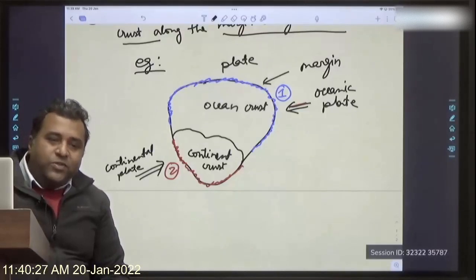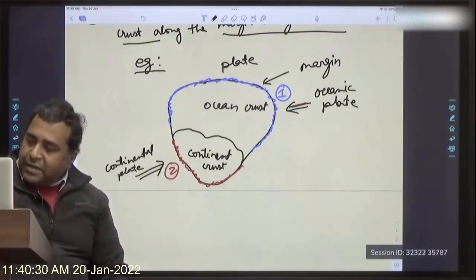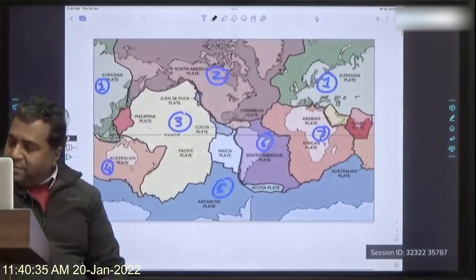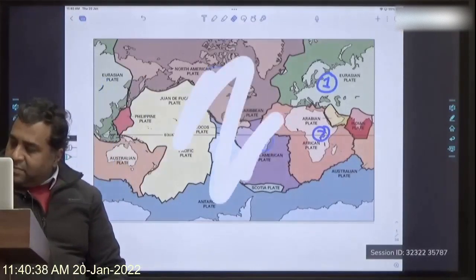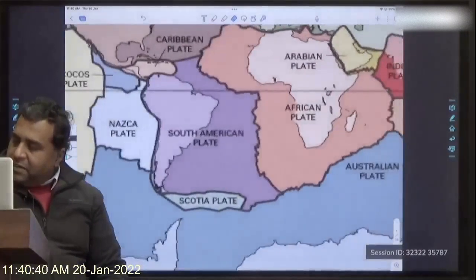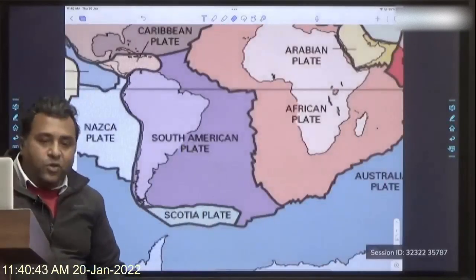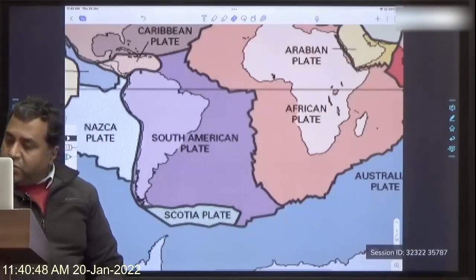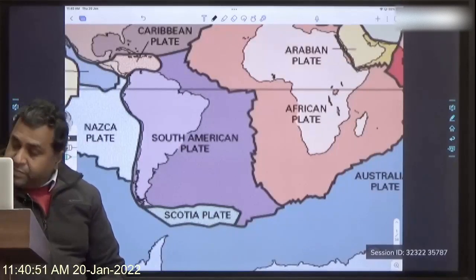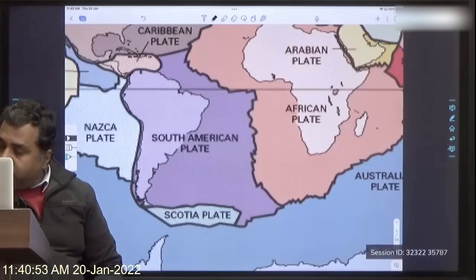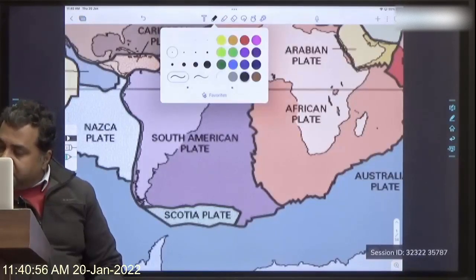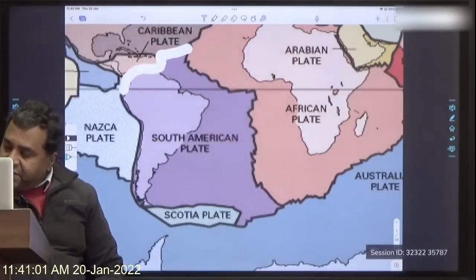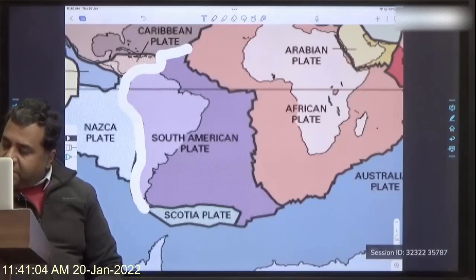Right now, let me ask you a question. If this is clear to you people, then answer this question. As you can see in this diagram, right? You can see the South American plate here, all of you. In this South American plate, this whitish region is the margin of the plate.